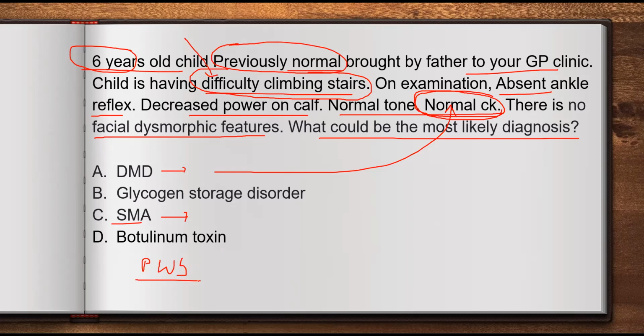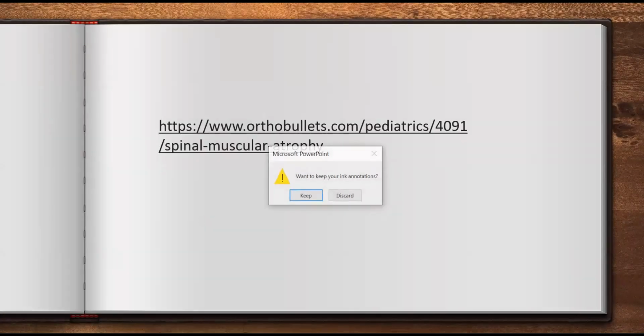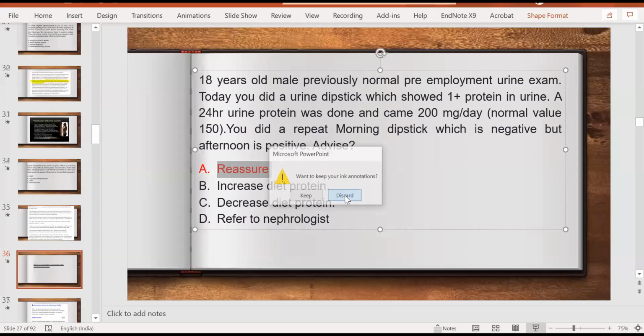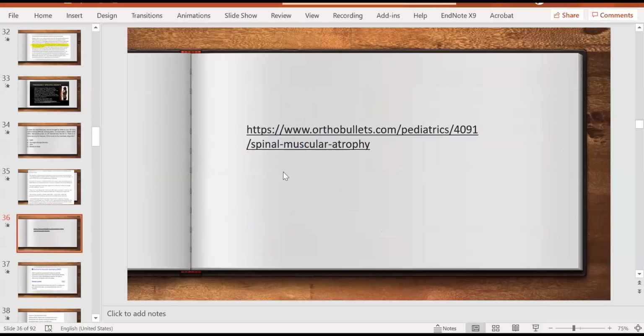Prader-Willi syndrome. Now come to the two important conditions, which is DMD and SMA. Let's discuss these two things and then come back. So what is SMA?